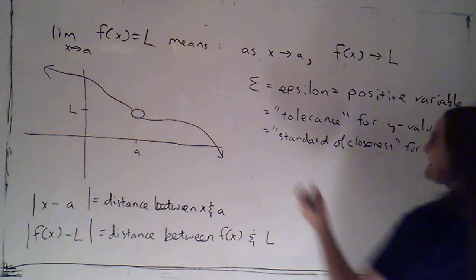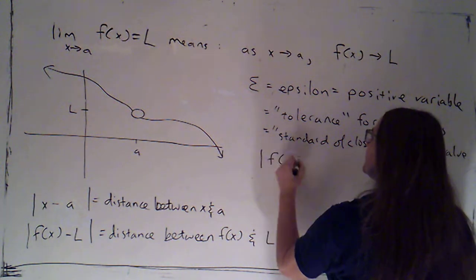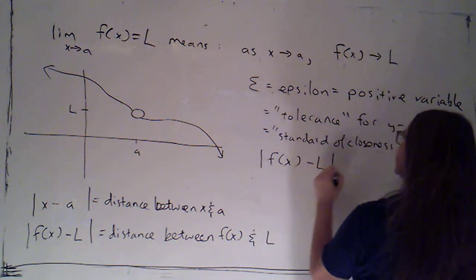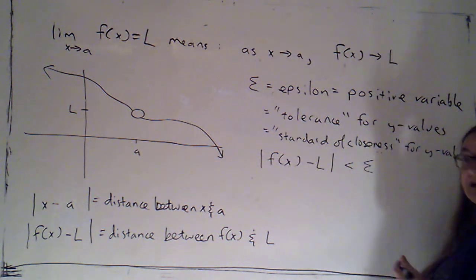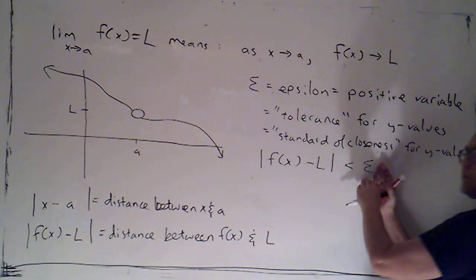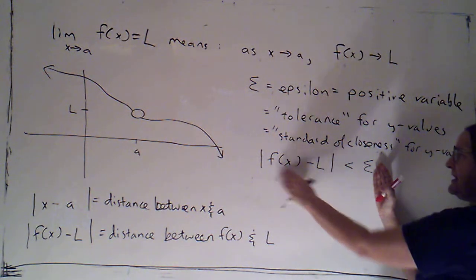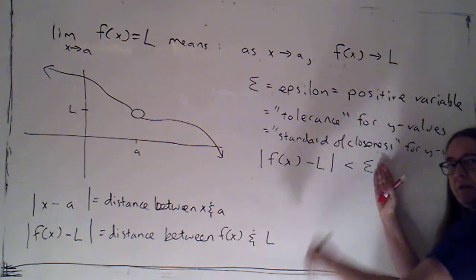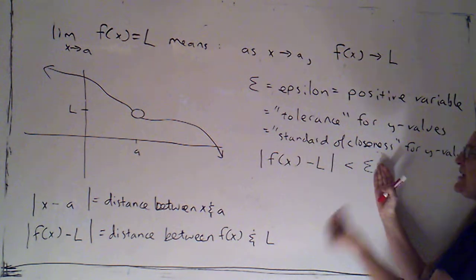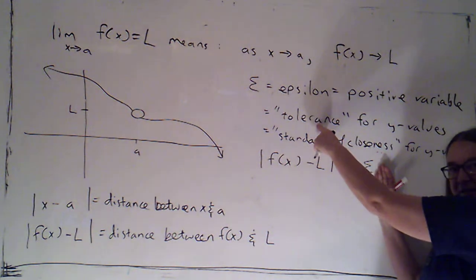So I'd be saying that if the absolute value of f of x minus L, if that vertical distance is less than epsilon, that's what I'm going to mean by saying that these things are close together. That the distance between them is small. It's within this tolerance.